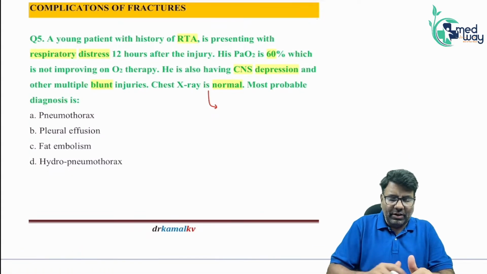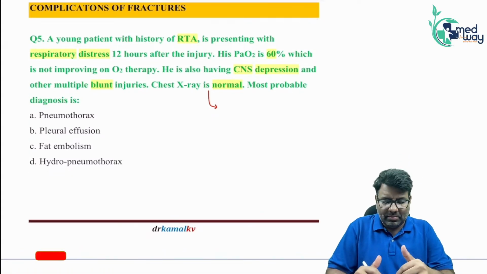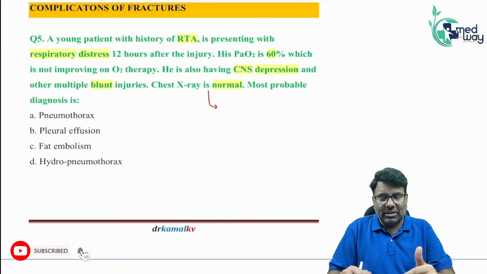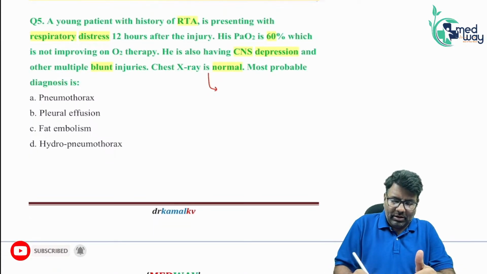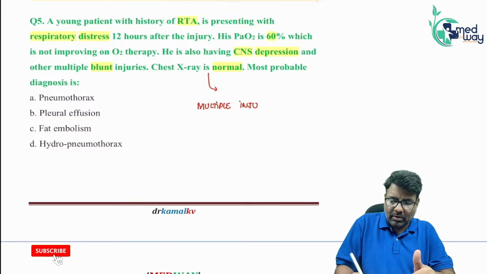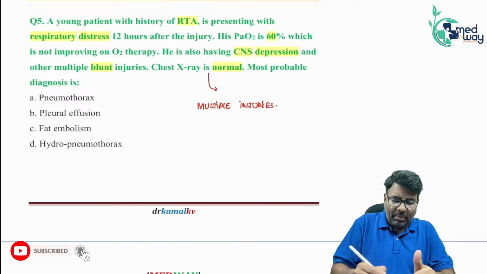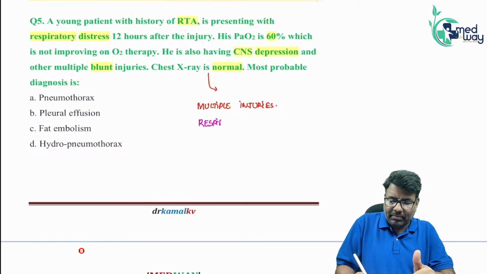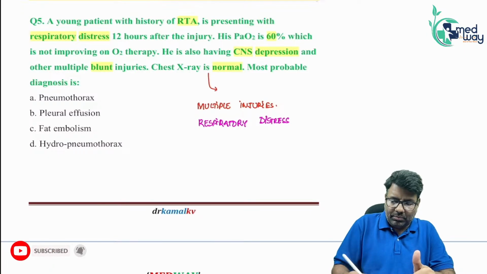Now, if we just take up the different points which are given in the stem of the question, one of the important things is that there are multiple injuries. Apart from this, the patient is having respiratory distress, low oxygen, and there is one more clue which is given here.